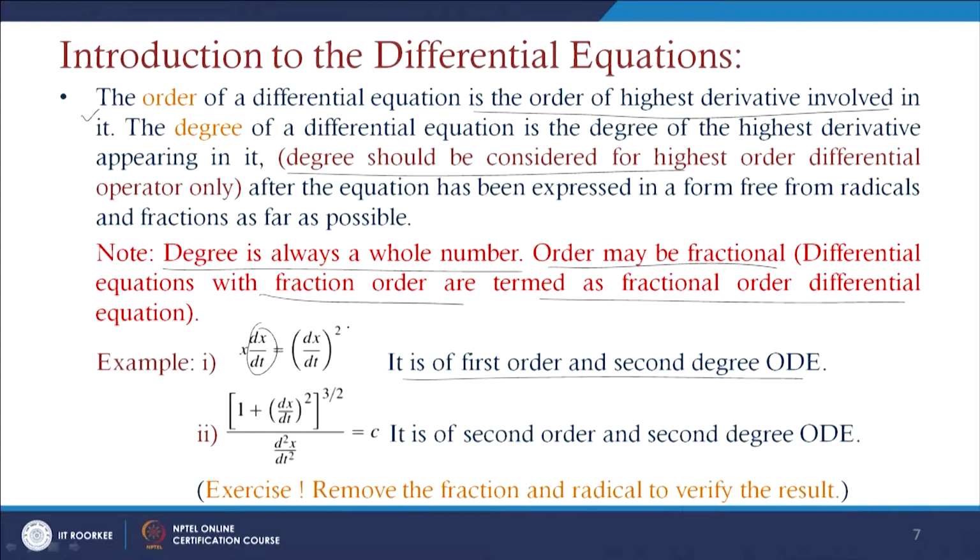But it is called first order and second degree. Degree is 2 here and order is 1 here. So, that is why we say this will take the highest degree of the term involved with the highest order here. So, this is called a first order and second degree ODE.